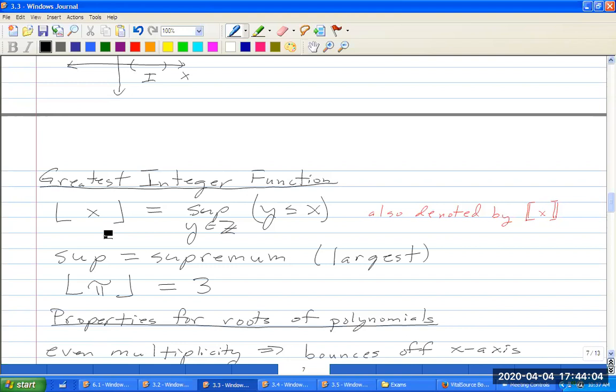And so for positive real numbers, the way that you can determine the greatest integer function is you just truncate it. Get rid of all the decimal part. So the greatest integer function of 8.7832457 is 8. You don't care about whatever the point is. You only worry about that integer part. Okay, so that's the greatest integer function.